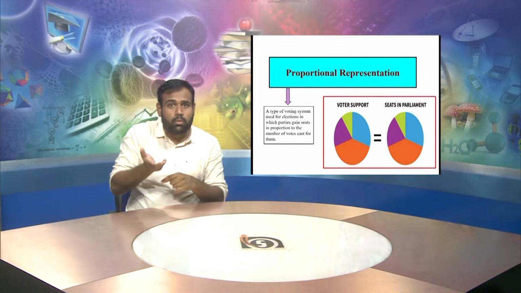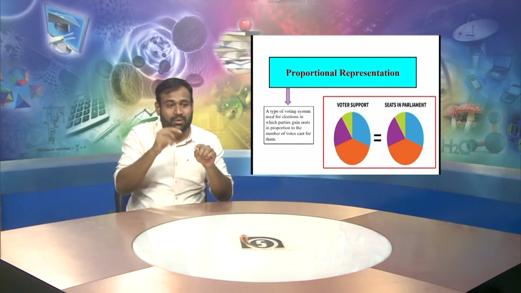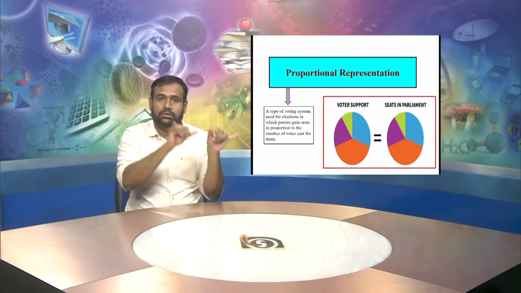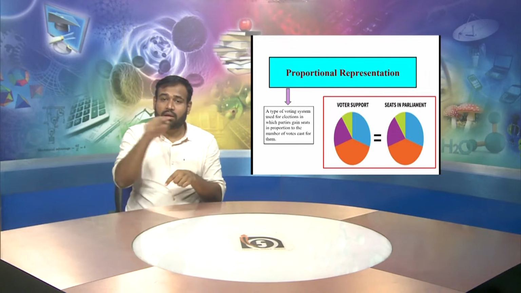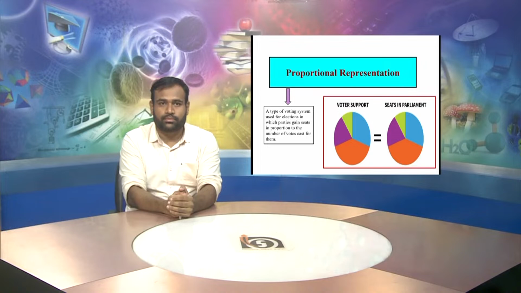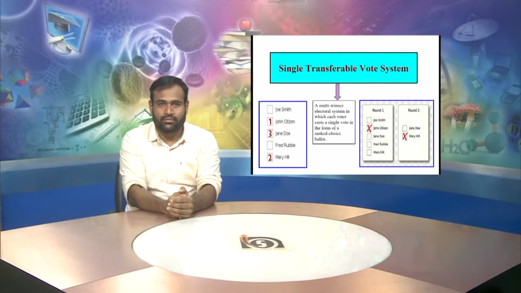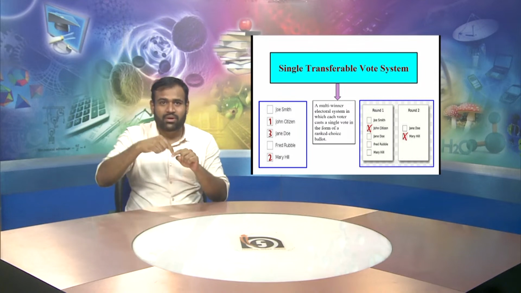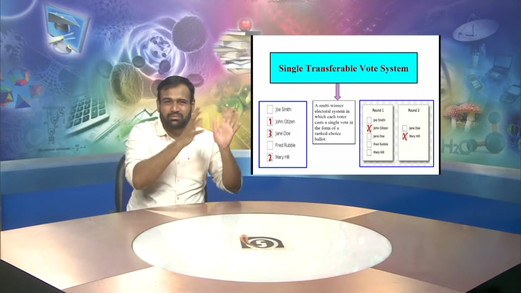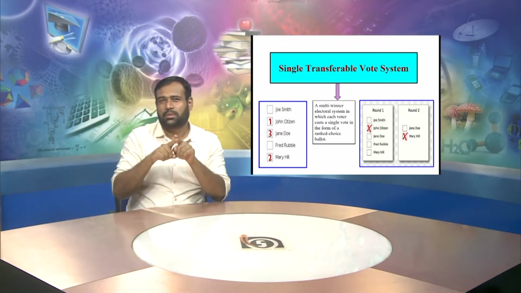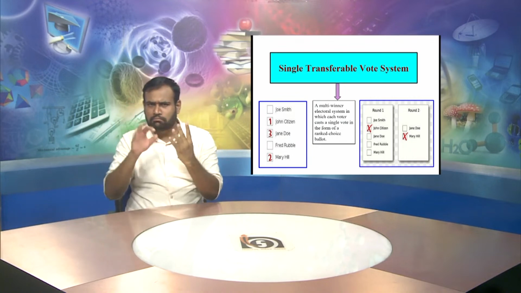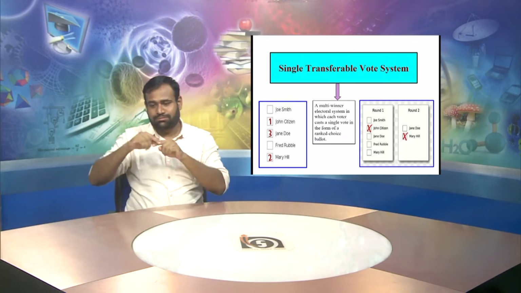You can see the image and easily understand proportional representation, which is a type of voting system used for elections in which parties can gain seats in proportion to the members. So the single transferable vote system is a multi-winner electoral system in which each voter casts a single vote in the form of a ranked choice ballot.